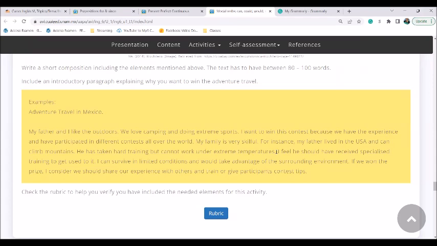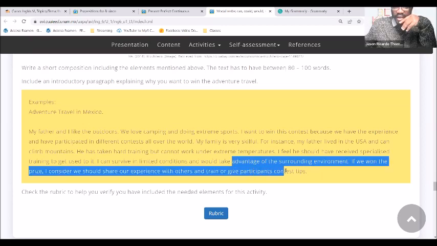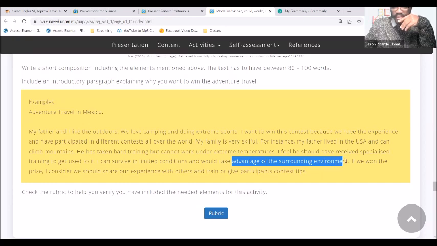I feel he should have received specialized training to get used to it. I can survive in limited conditions and will take advantage of the surrounding environment.